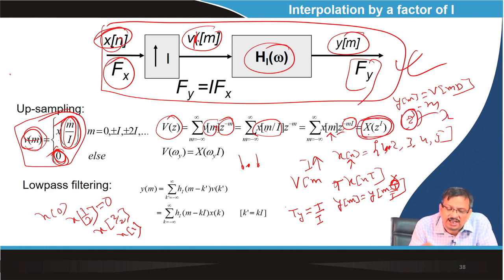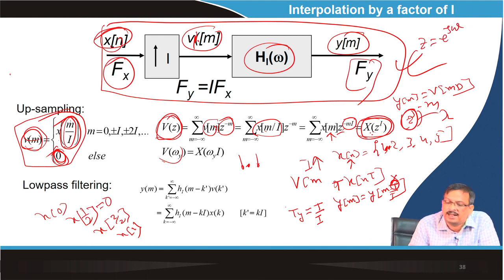So z to the power I acts as z. Now I know V of z: instead of x of z, it is x of z to the power I. So if I say z is equal to e to the power j omega y, I know z is equal to e to the power j omega.